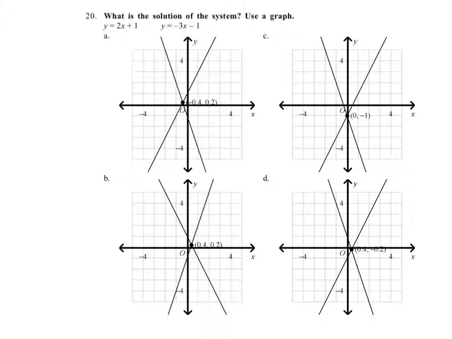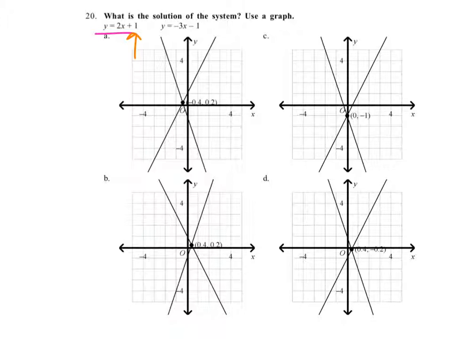And let's take a look at this. Okay, I'm going to graph this first one here in pink. What am I going to do when I graph it? Well, the first thing I'm going to do is go to the intercept. This number is where the line will cross the y-axis. So I'm going to go to 1 on the y-axis.